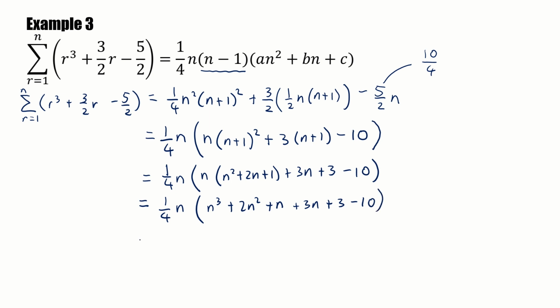We can then now finally fully simplify that cubic. So we'll end up with an n cubed, a 2n squared, a plus 4n, a minus 7 on the end.